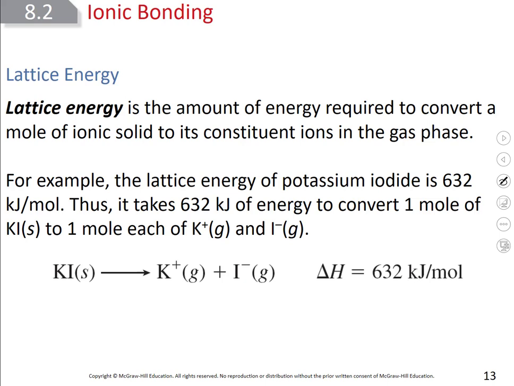So for table salt, sodium chloride, it's a solid starting and an ionic compound. How much energy would it take to break it apart into sodium ions and chloride ions in the gas phase?